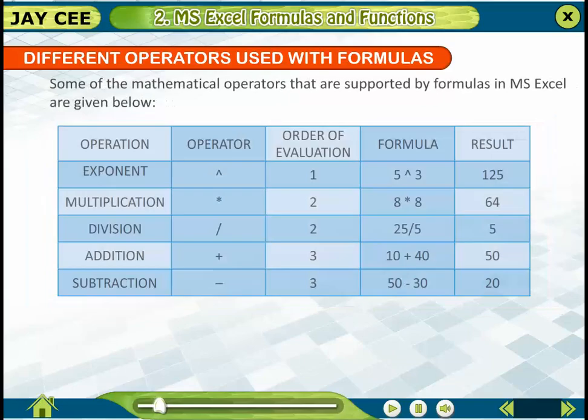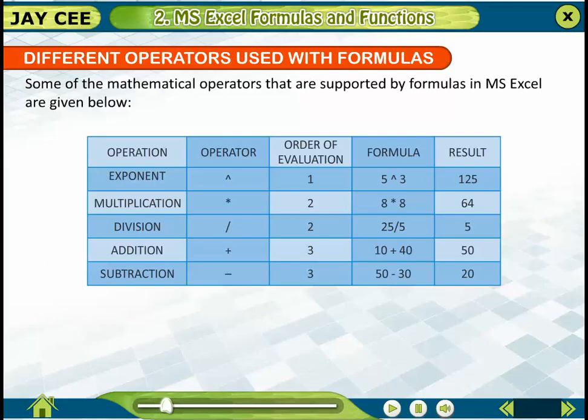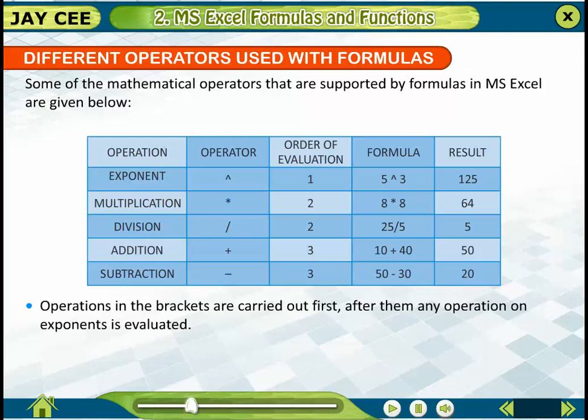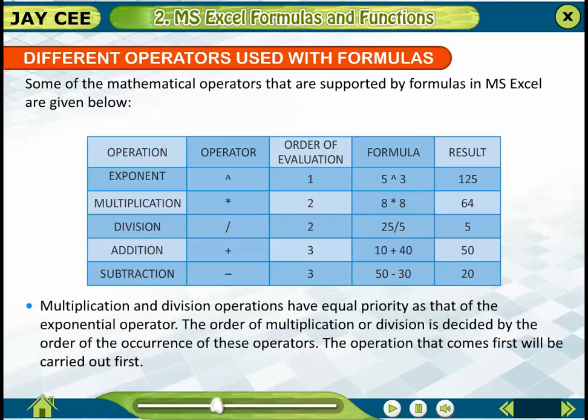Different operators used with formulas. Some of the mathematical operators that are supported by formulas in MS Excel are given below. Operations in the brackets are carried out first. After them, any operation on exponents is evaluated. Multiplication and division operations have equal priority.